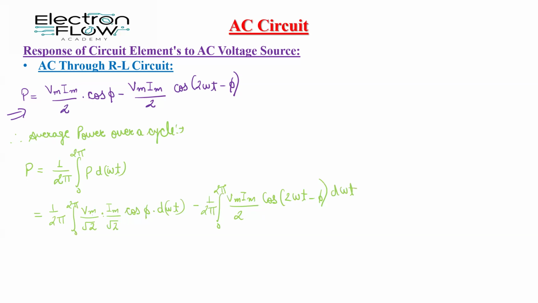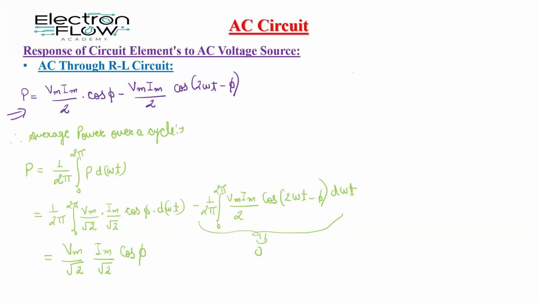After solving this equation, I get Vm by root 2 into Im by root 2 cos phi. That's it. The second expression will be equal to 0.